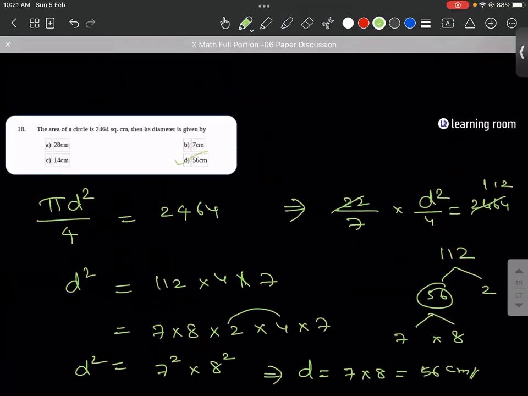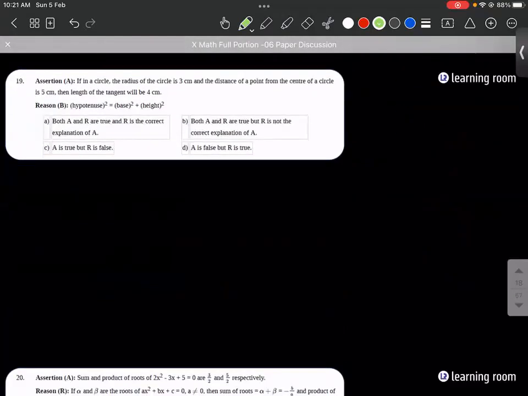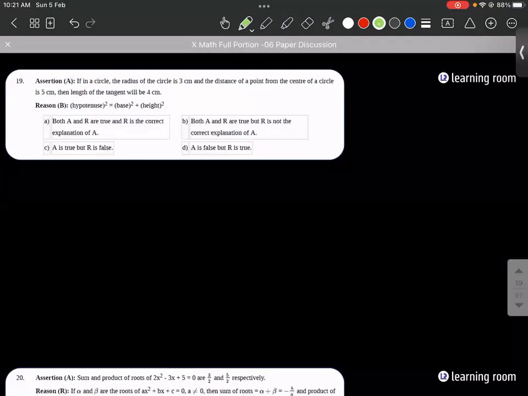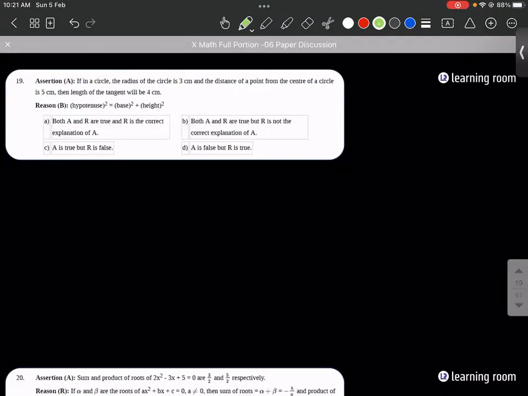Yes. Very good. So 19th one, in a circle, the radius of the circle is 3 centimeters. The distance of the point from the center of the circle is 5 centimeters. Then the length of the tangent will be how much? So it is 4 centimeters. It is 4 because 3, 4, 5 are Pythagorean triplets, and the reason is hypotenuse square is equal to base square plus height square.